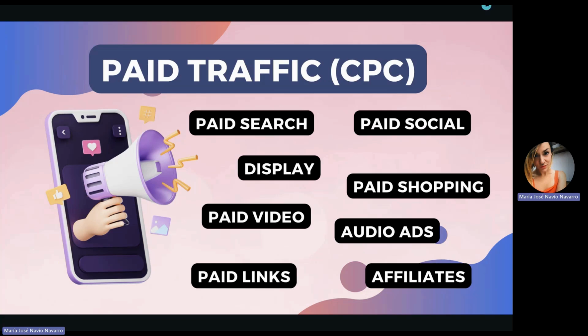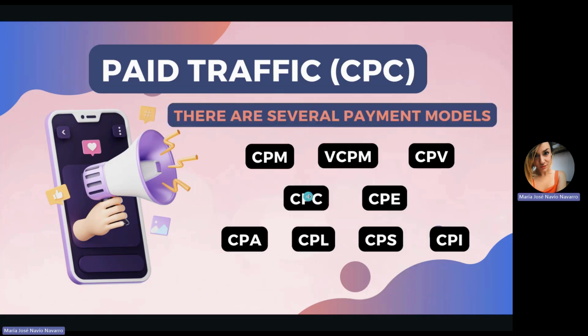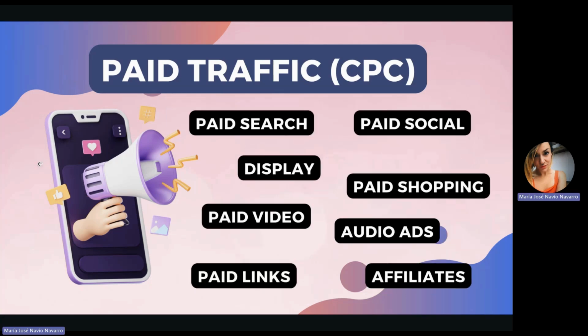Okay, let's jump to the next part, which is paid traffic. And in this paid traffic, we are going to work with advertising campaigns that we can place on several and really different kinds of platforms all over the world, okay?